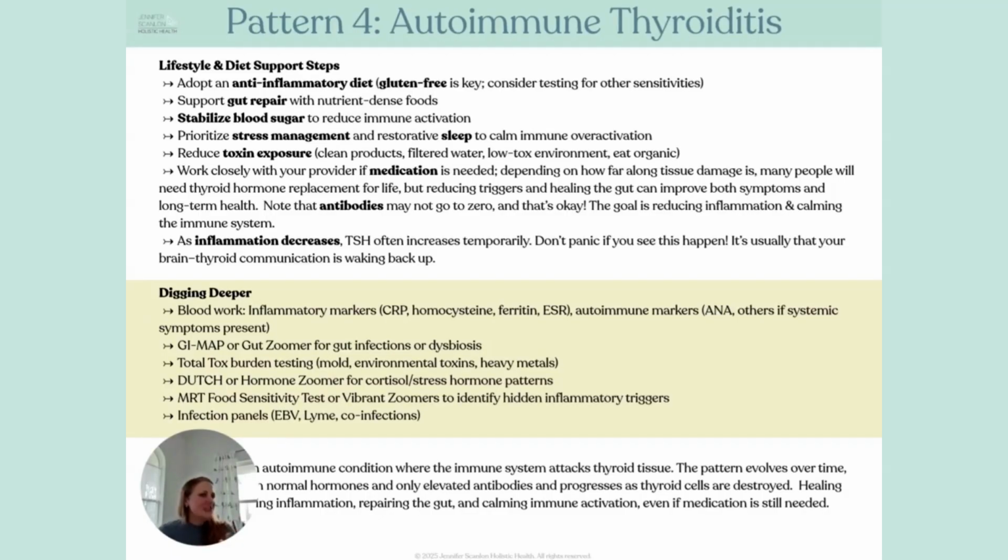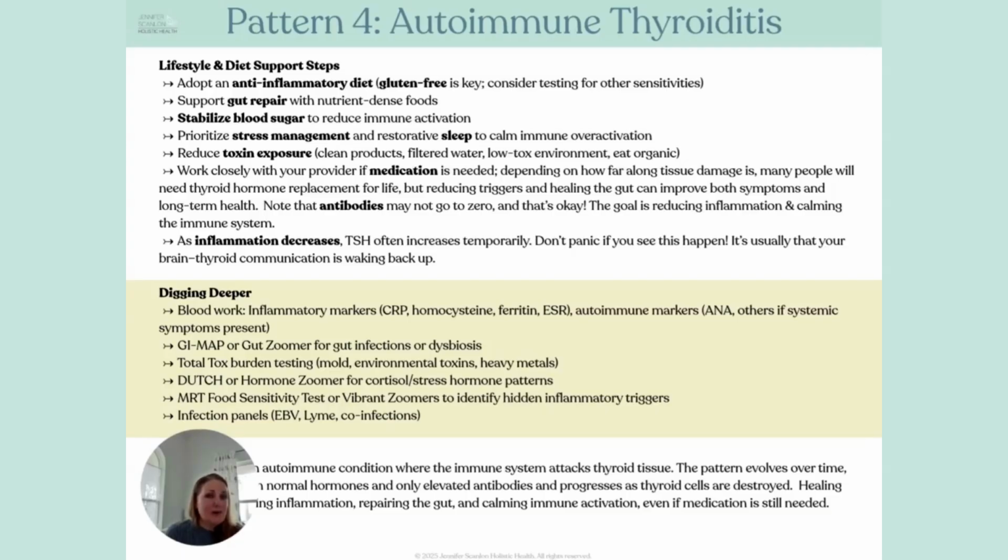I have a whole course on this, but I will condense it down to the very most helpful things that I can think of. And first off, for anybody with autoimmunity, my number one piece of advice is go gluten-free, 100%, no gluten. You want to eat an anti-inflammatory diet, and gluten is inflammatory for everyone. Everyone on the face of the earth, gluten messes with your gut. A lot of people aren't super sensitive to it, so your body can keep up and repair that.